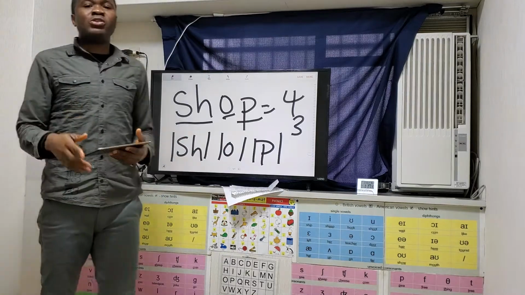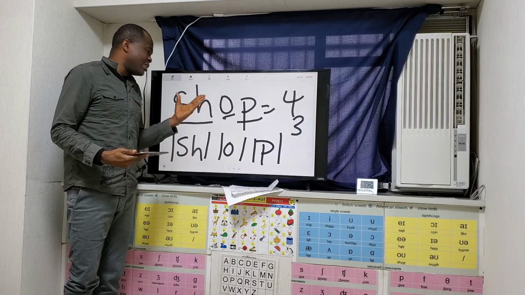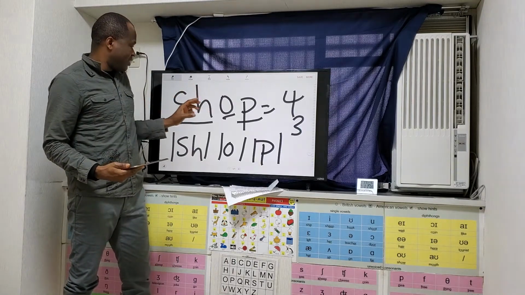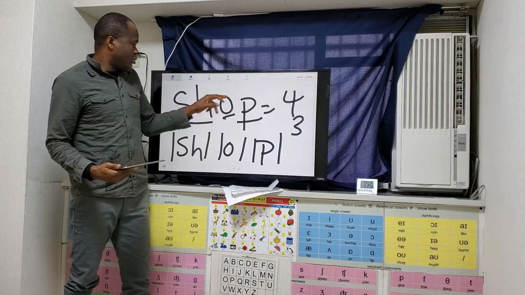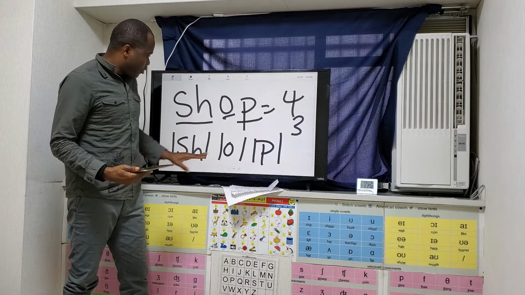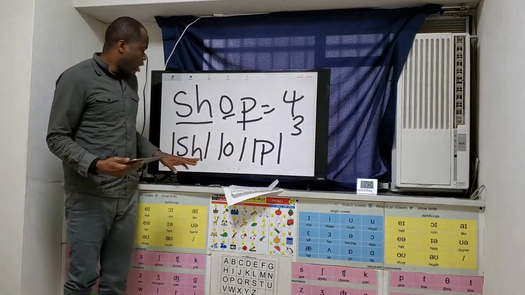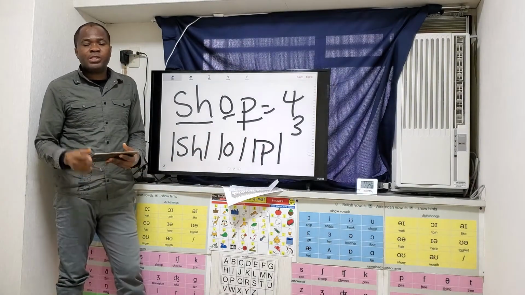So that's why I told you that the number of sounds does not correspond to the number of letters in the spelt word. S-H-O-P. 1, 2, 3, 4. 4 letters by 3 phonemes. 3 sounds. So our phonemes are going to be 1, 2, 3. So 3 phonemes. This is very important.